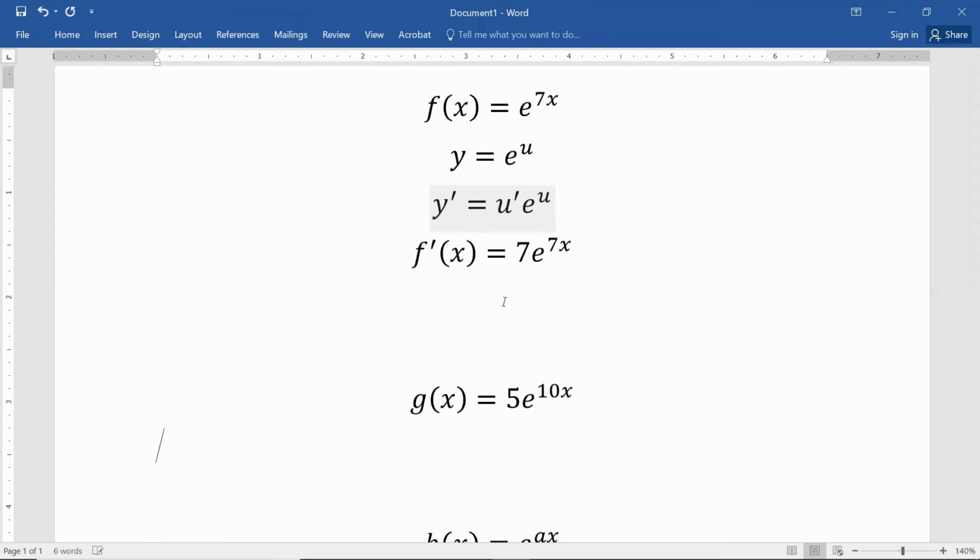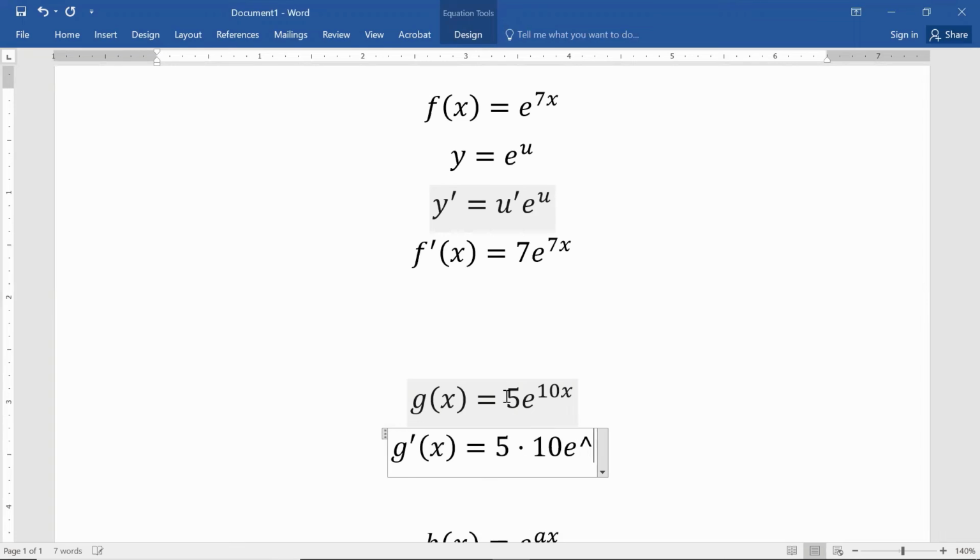In a similar way, if I think of this as 5 times e to the u, the derivative of the inside piece is just 10. So the derivative of g of x is going to be 10 times 5, that's 50. Let me write that down in 2 steps.